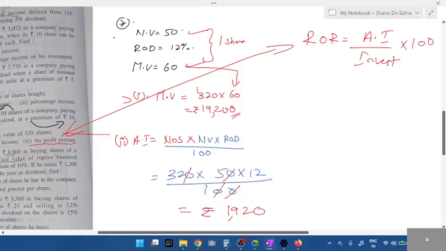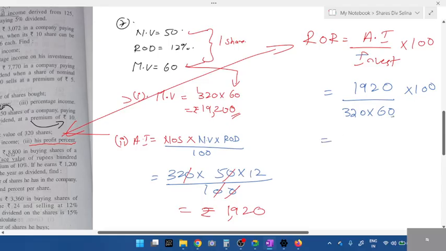Is investment given? No, we need to find. Annual income is how much? 20. What is the investment formula? Yes, number of shares is 320. You can write it directly instead of calculating separately. 320 into market value of one share is how much? 60.